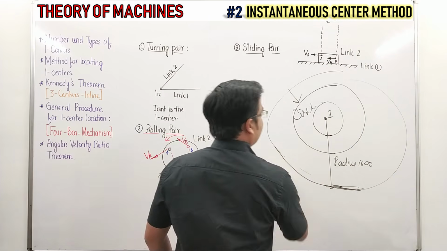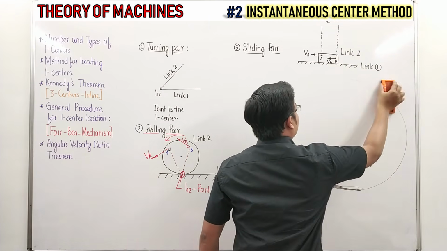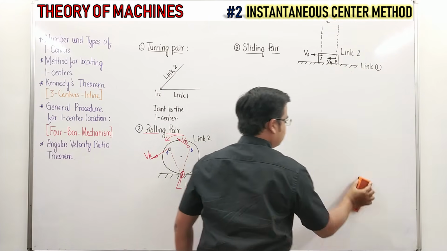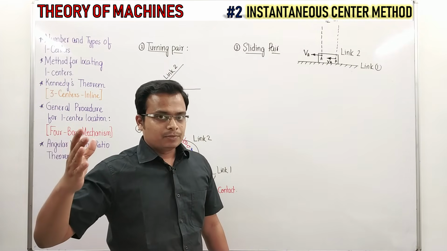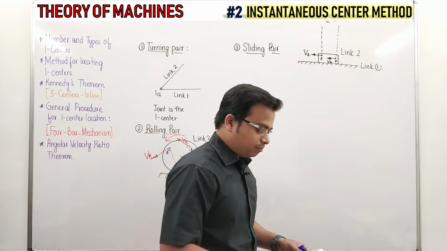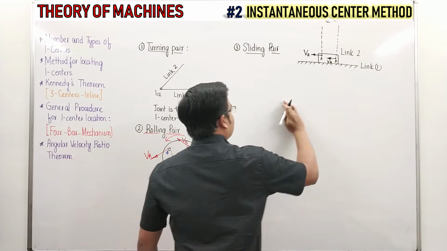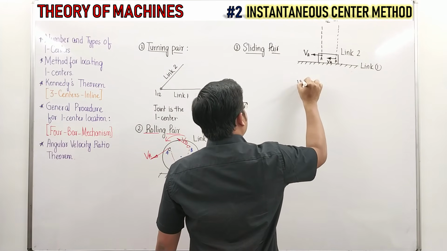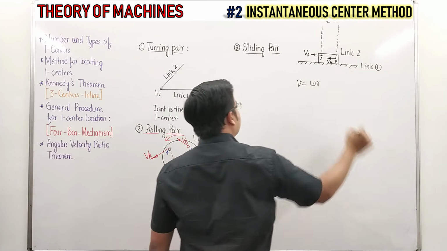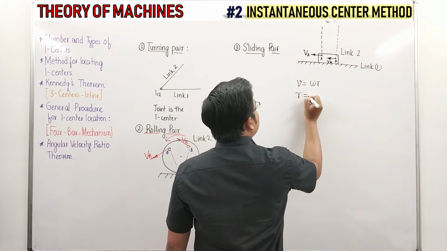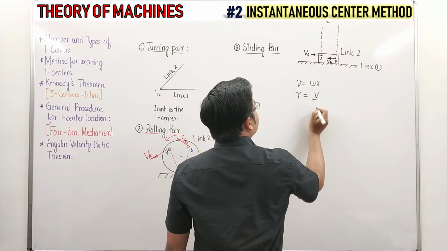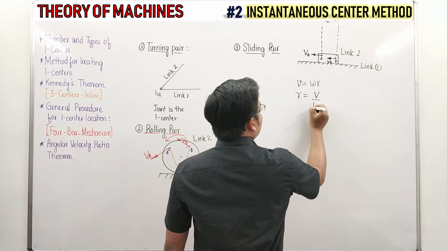One more way of looking at this is with the help of math. With respect to an I center, the link is actually in pure rotation. We know that very well. So we know very well that V equals omega R. That's quite true. And R basically is the distance of the I center, R equals V over omega.